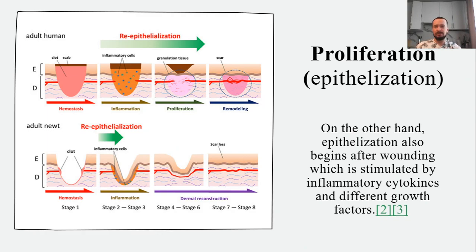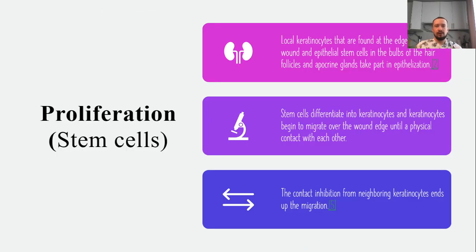On the other hand, epithelialization also begins after wounding, which is stimulated by inflammatory cytokines and different growth factors. Local keratinocytes that are found at the edge of the wound and epithelial stem cells in the bulbs of the hair follicles and apocrine glands take part in epithelialization.